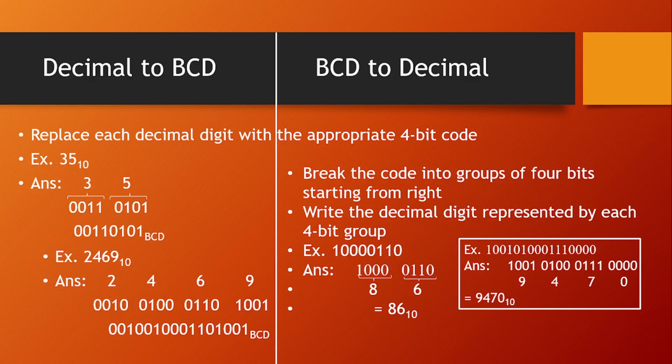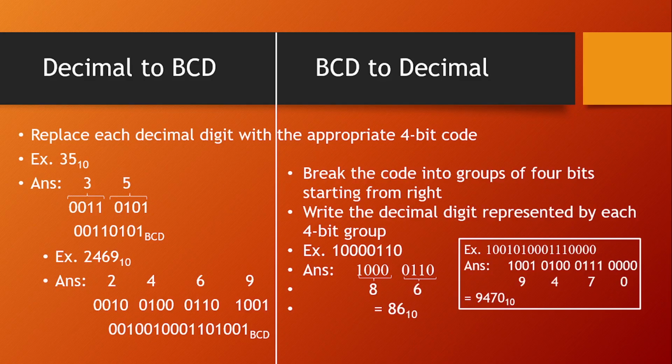And to convert BCD to decimal, start from the rightmost binary digit, break the complete binary number into groups of 4 bits and write down their decimal equivalent, and in this way you can write the decimal equivalent of the BCD.